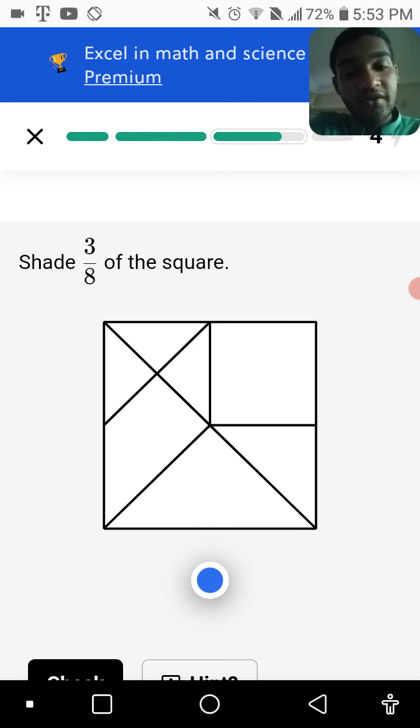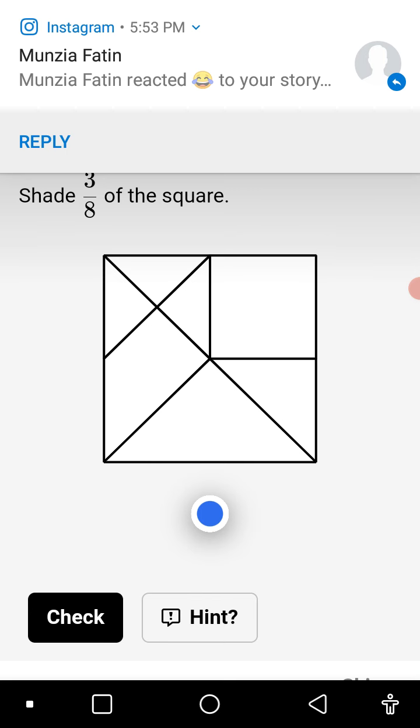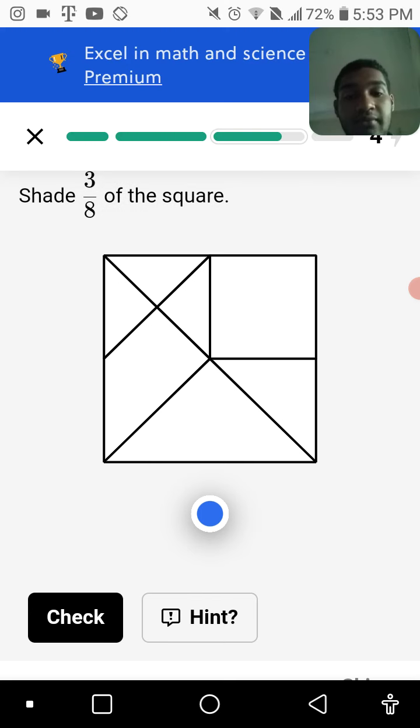Shade 3 by 8 of the square. Okay, it's 3 by 8 of the square. 3 by 8 means I have to divide this whole thing into 8 pieces.